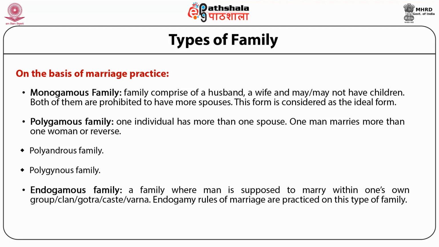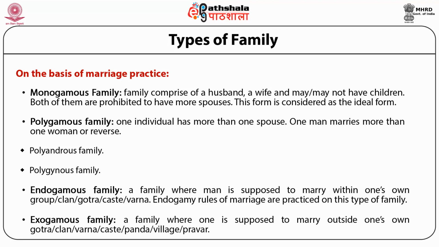Then the last one, exogamous family, a family where one is supposed to marry outside one's own gotra, clan, varna, caste, etc. Here rules of exogamy like the four gotra rule and Sapinda system are practiced. This type of family can be found in the northern region of India among the Jats of Haryana.